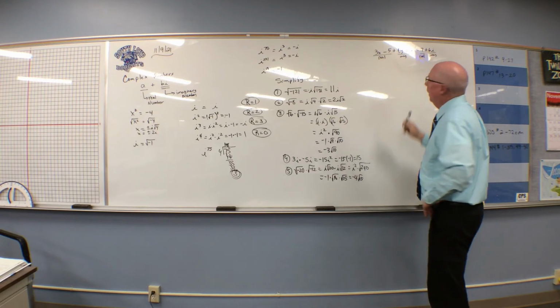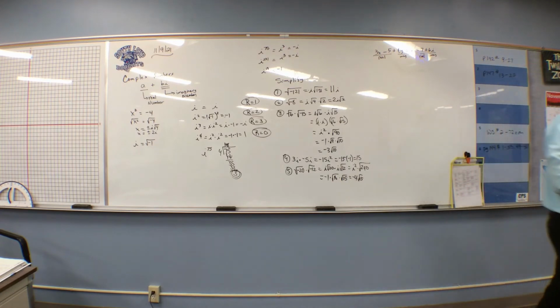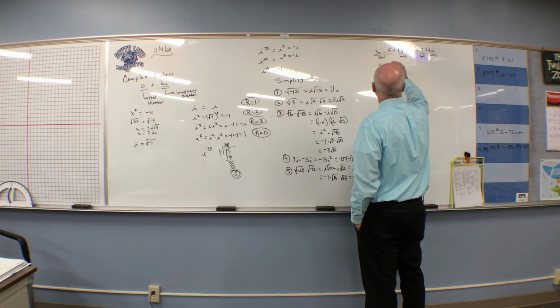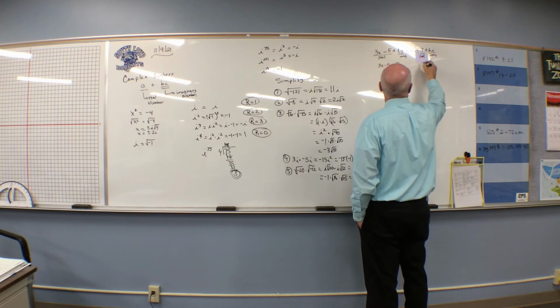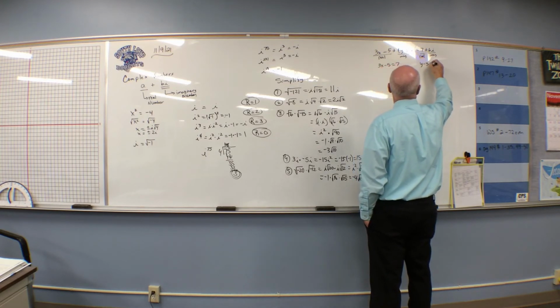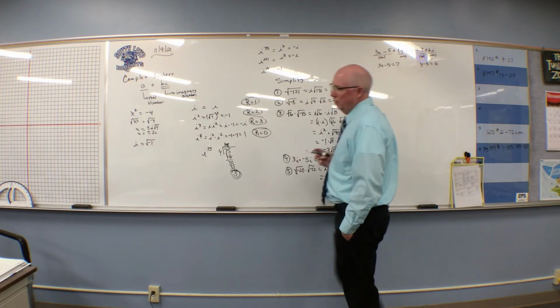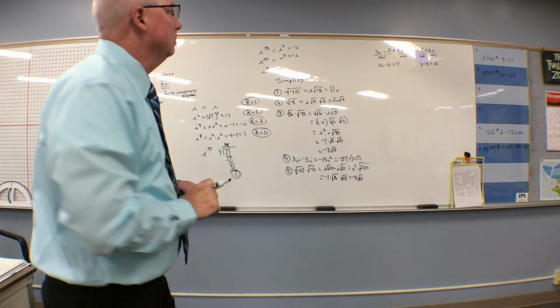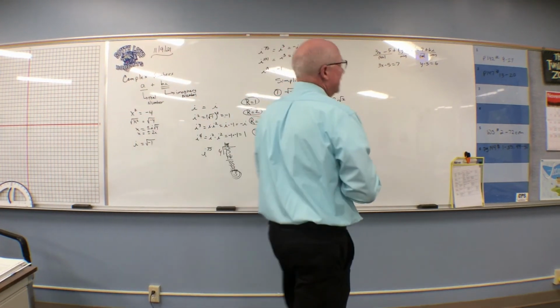I just told you that if two of them are equal, the reals have to be equal, and the imaginaries have to be equal. So I want to take the real part and set it equal to 7, and I want to take the imaginary part, y minus 3, and set it equal to 6. You'll notice I can drop the i's because they are the same. So I can solve for x and y.